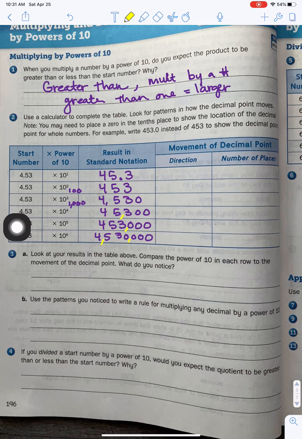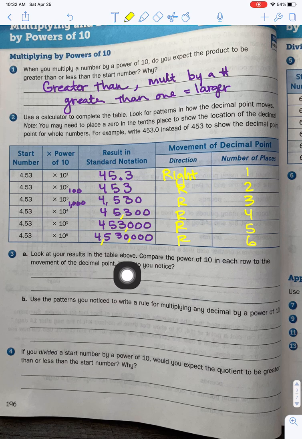The direction of the decimal point moved to the right each time. The number of places that it moved was 1 to the right, 2, 3, 4, 5, 6.